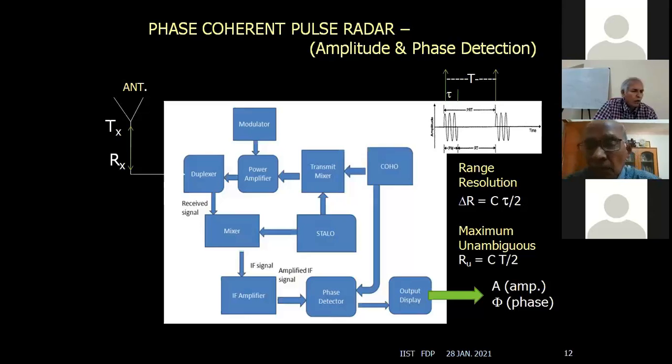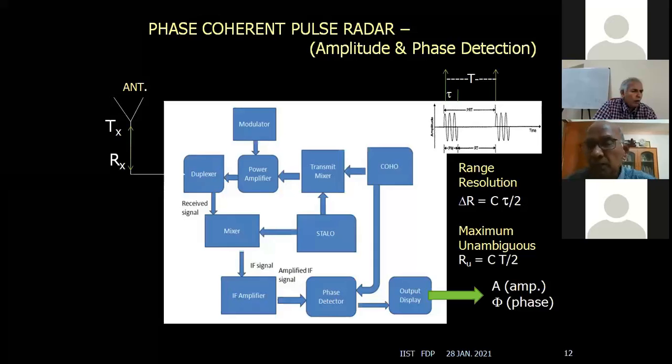If you find out these velocities from 3 different non-coplanar radars, then you can find out exactly in which direction the aircraft is moving. Otherwise, you will know only the line of sight velocity.